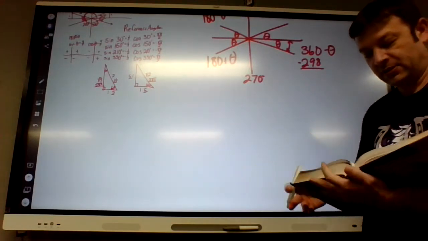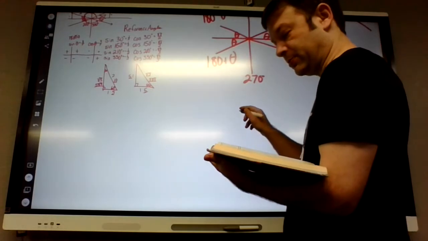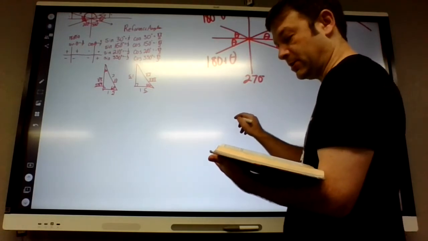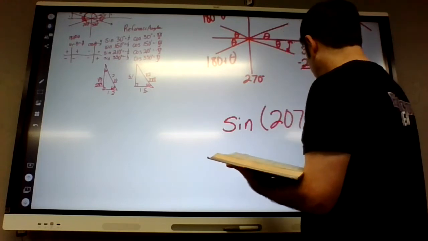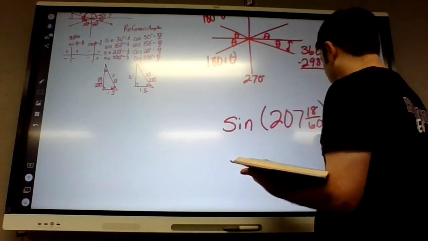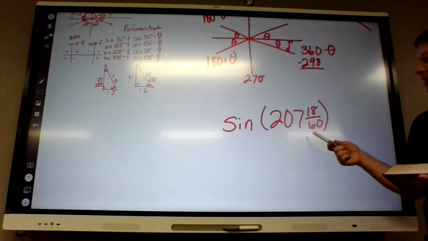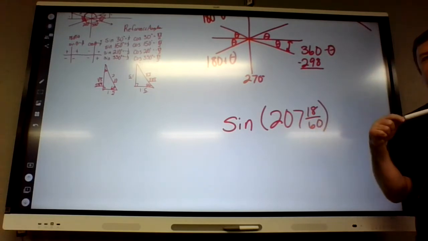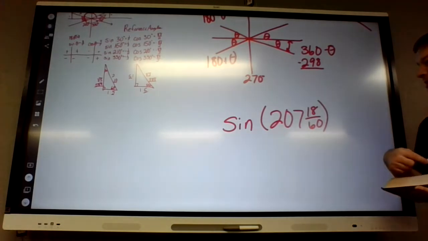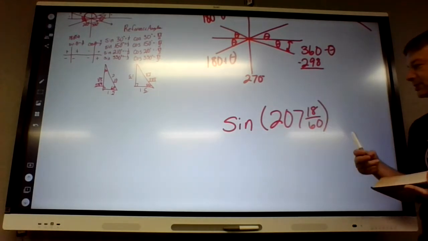Right. So you'll want to plug in sine of 207 and 1860, probably as a mixed number. The calculator will probably let you do that. There's also something called seconds, which would be a 60th of a minute, but they're not quite that mean to us.